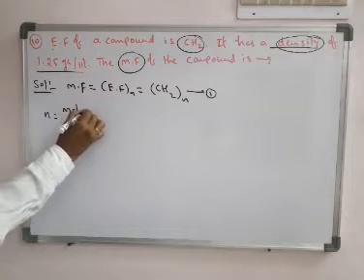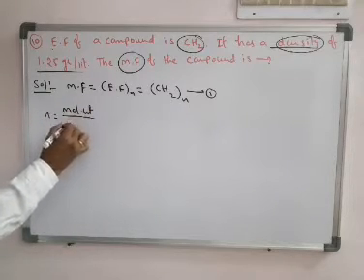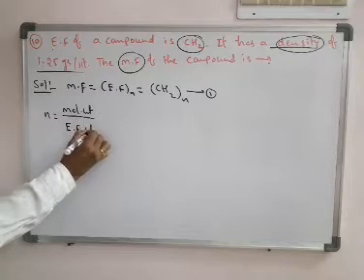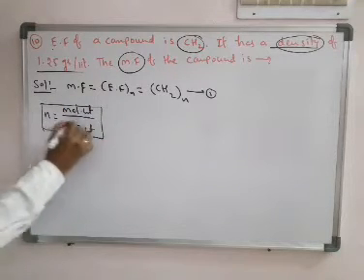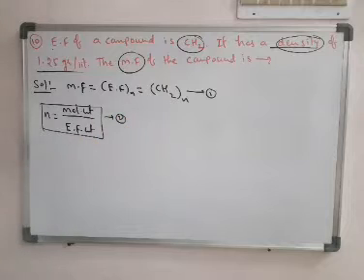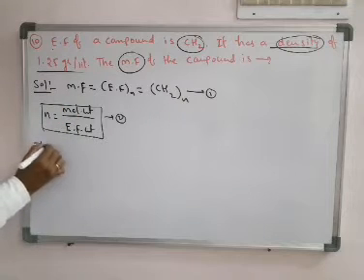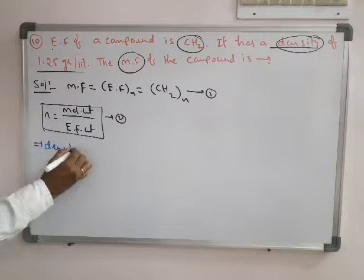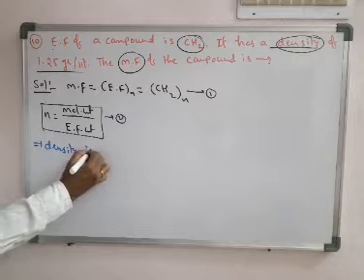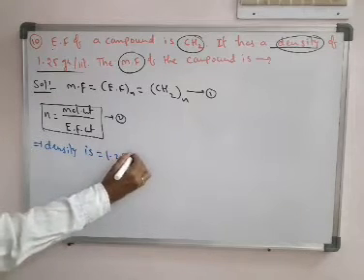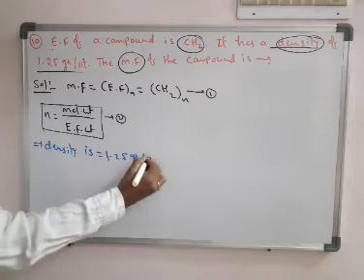We know the n value is molecular weight by empirical formula weight. Let's take it as equation 2. Up to here the procedure is the same. How to calculate the molecular weight is different. Here the density is given. Here the clue is density, which is 1.25 grams per liter.